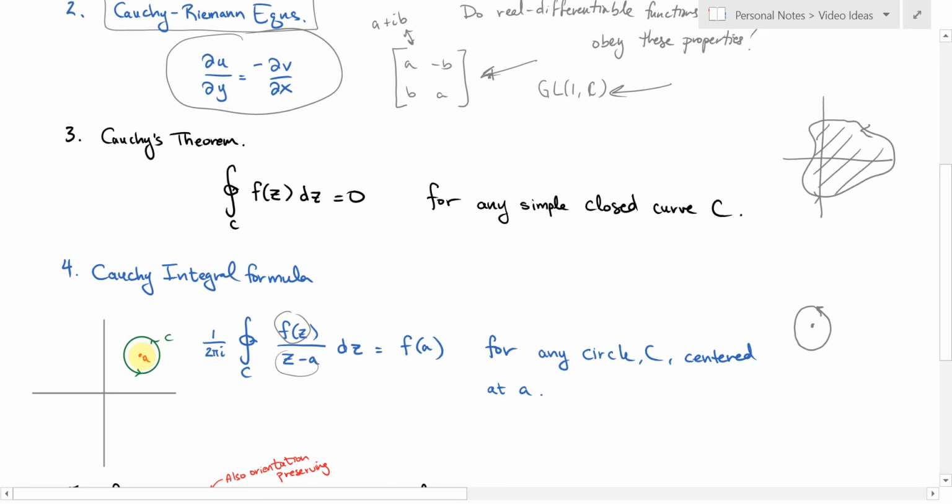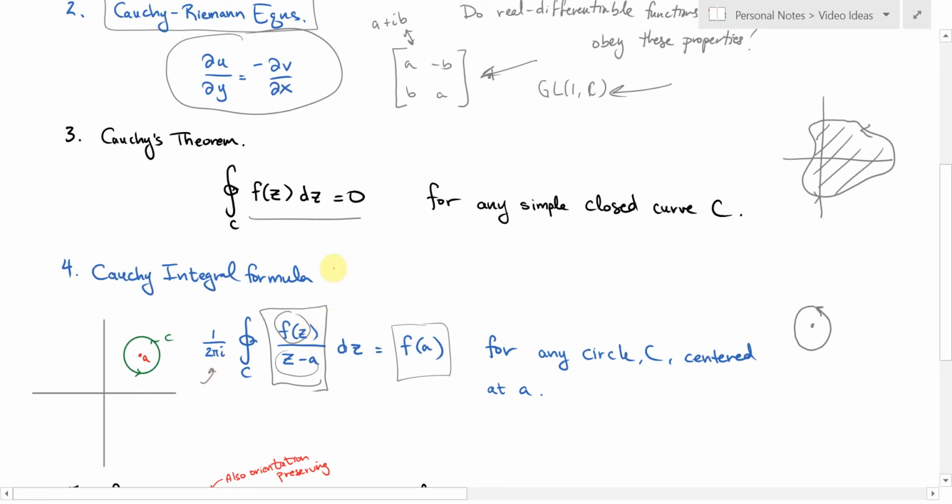I've already drawn it here, where C is, say, a circle centered at this point. If you do a little contour integral around it, and you're not integrating the function, of course, remember, integrating the function will give you 0, but if you integrate the function divided by z minus a, then that'll actually give you the value of the function at that point. Up to a factor of 1 over 2 pi i.